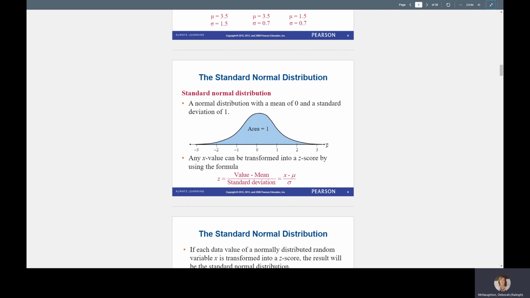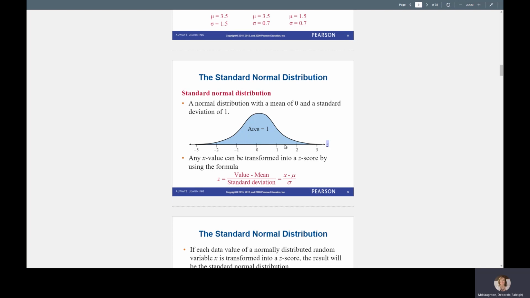And so you notice they called this a Z because these correspond to Z-scores. If we take our value minus the mean and divide by the standard deviation, we get a Z-score. So if our X value is actually the mean, the Z-score will be 0.